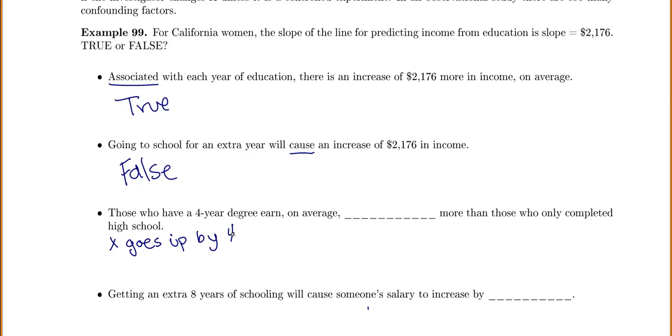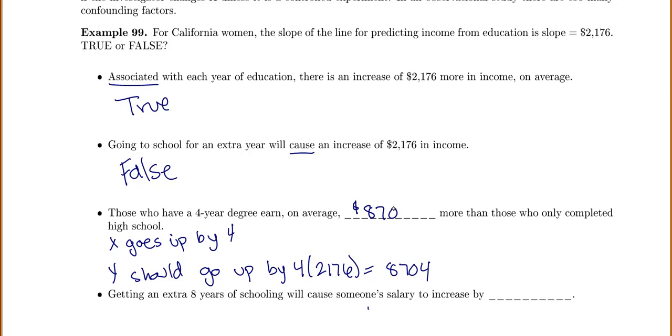So if X goes up by 4, Y should go up by 4 times the slope. Our slope is 2,176, so this is 8,704. Those who have a 4-year degree earn on average 8,704 more than those who only completed high school.